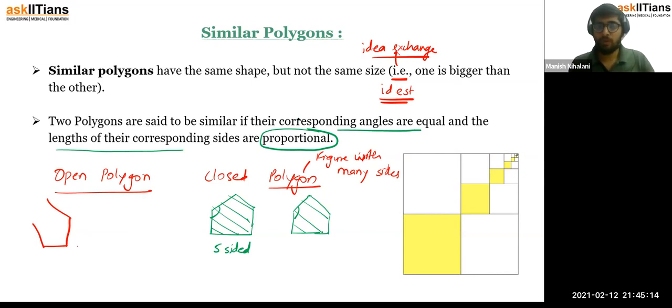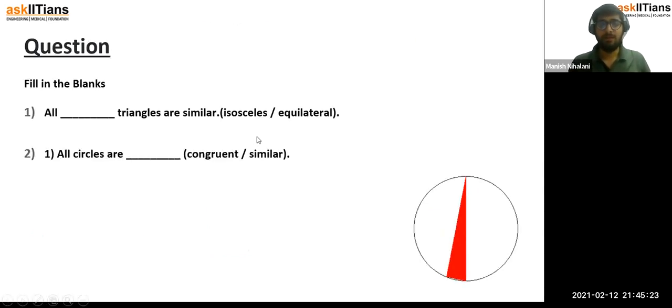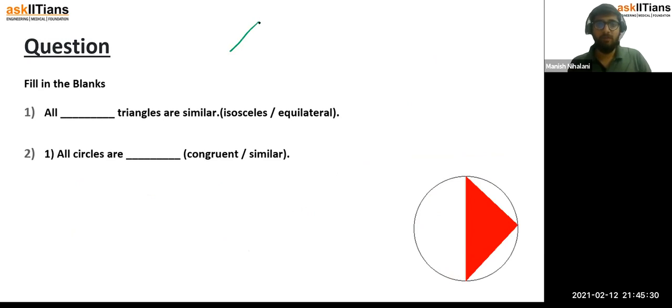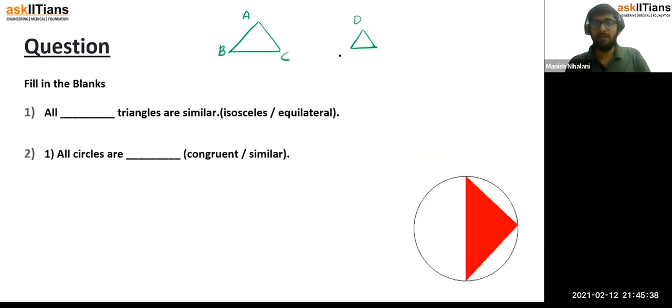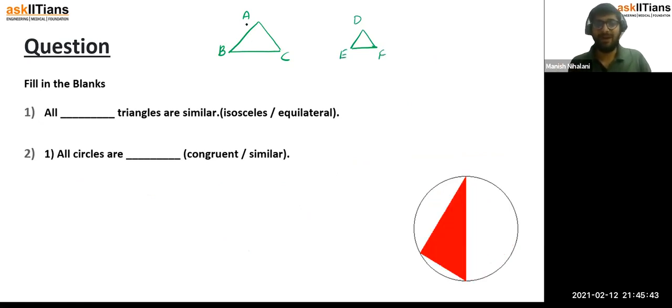What do you mean by proportional again? Proportional means they should be in the same ratio, right? Before the question, let's again understand the meaning of proportional. For example, if you have two polygons, to be more precise two triangles, one bigger triangle and the other a smaller triangle: triangle ABC and triangle DEF.